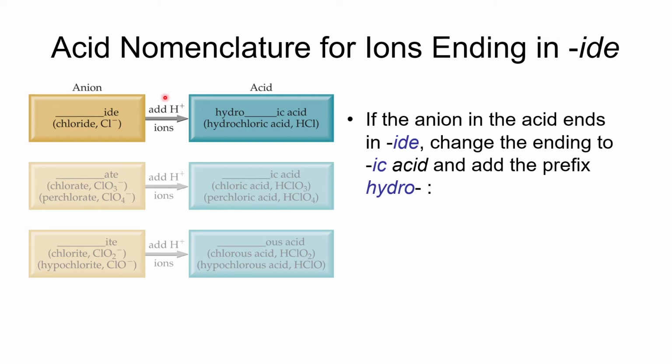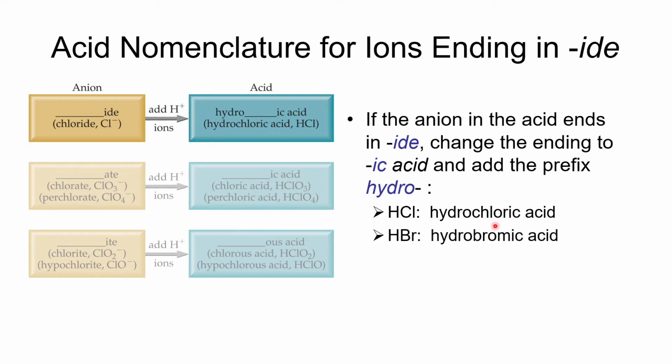If the anion ends in "ide," for example, chloride, then in order to get it to an acid, whatever the charge is, a -1 there, we're going to add 1 hydrogen to it in order to get HCl, and then we'll just simply change the "ide" to an "ic" and put a hydro out front. So for example, chloride becomes hydrochloric acid. Bromide becomes hydrobromic acid. And iodide becomes hydroiodic acid, which is a lot of vowels in a row, but that is the case.